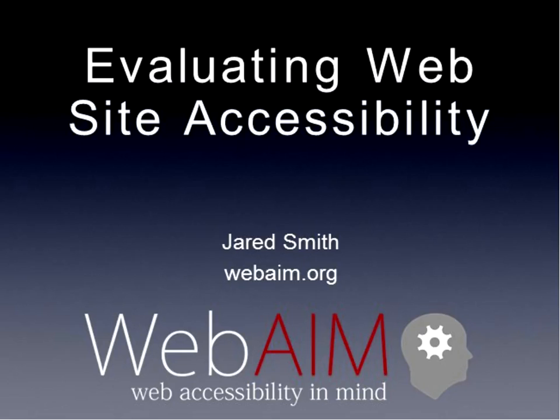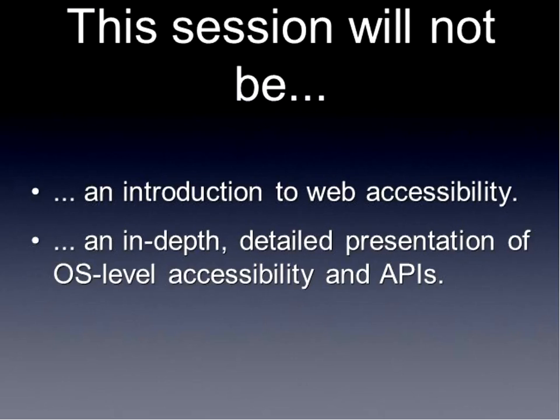So we're just going to dive right into this. Just a bit of a disclaimer here. This session will not be an introduction to web accessibility. We are going to focus on evaluating web accessibility with a bit of an assumption that you have some understanding of at least the principles of what web accessibility is and what it means. It's also not going to be a highly technical session.